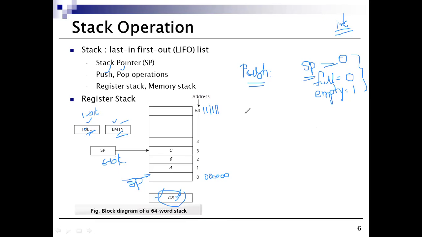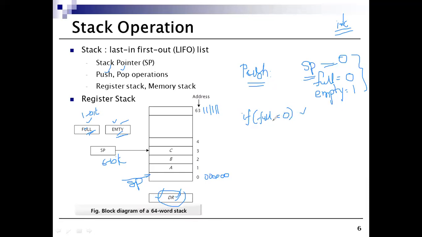The first and foremost condition is you have to check the full flag. If the full flag is 0, it means the stack is not full, you can perform the push operation, and the push operation is valid. So the first condition to check is whether full is equal to 0 or not. If it is 0, then only the push operation will be done.